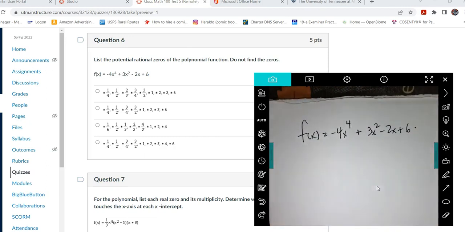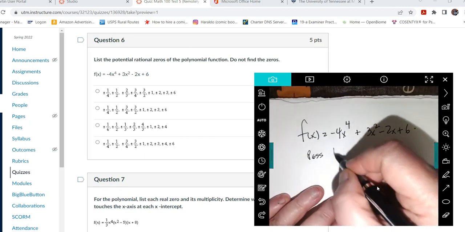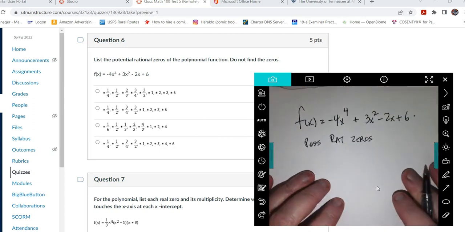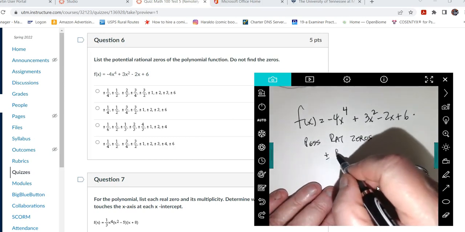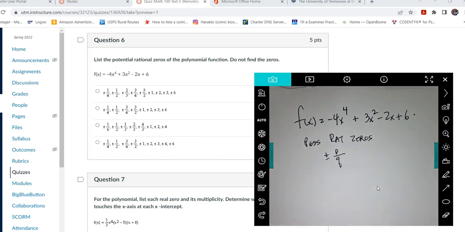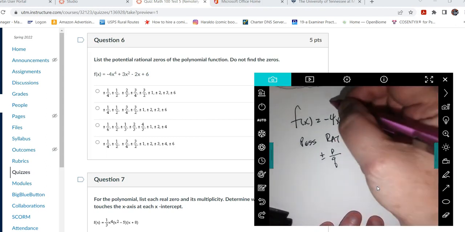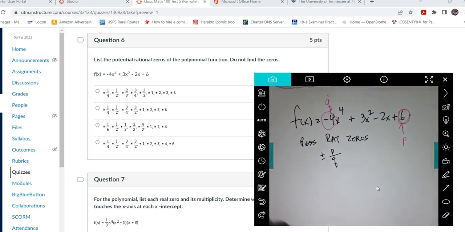Okay, so the possible rational zeros are going to be plus or minus every fraction we can form of the form plus or minus p over q, where p is a factor of 6 and q is a factor of negative 4.